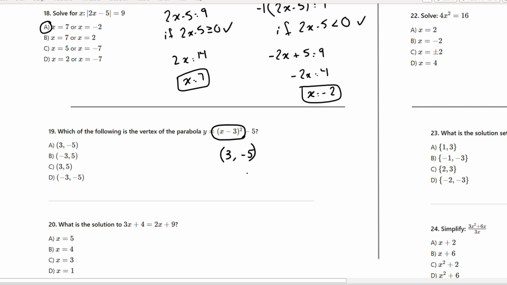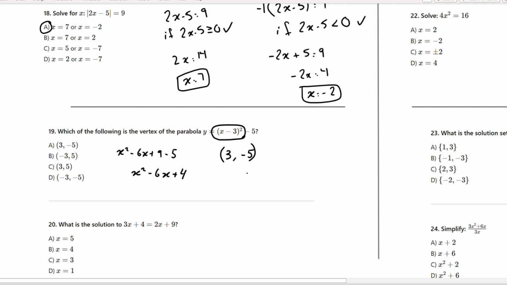So this would be our vertex. This is an upward opening parabola with a minimum vertex, because x minus 3 squared minus 5 would distribute to be x squared minus 6x plus 9 minus 5, which would turn into x squared minus 6x plus 4.